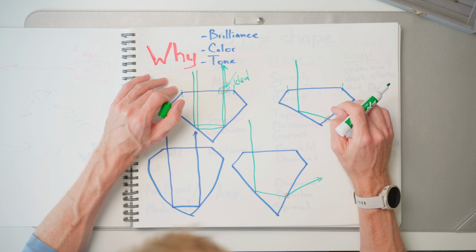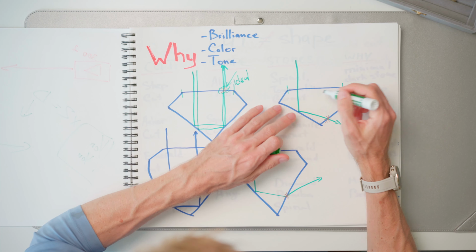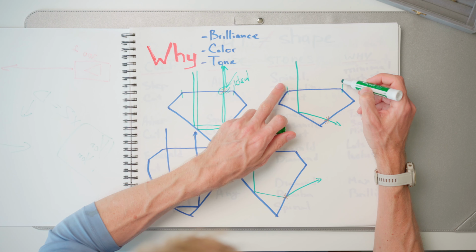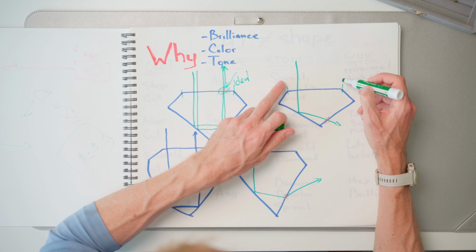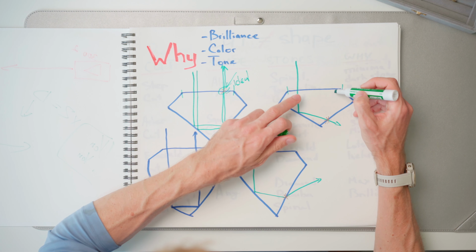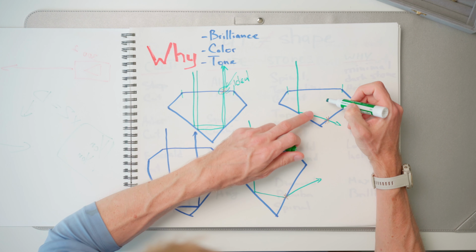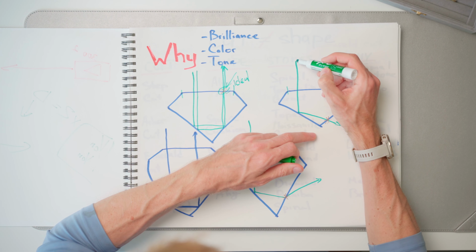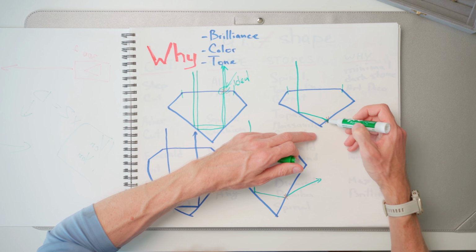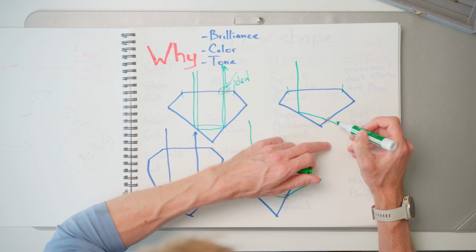And in this case, let's talk about the shallow cut, right? So let's say we have the same size of the window right over here, the top portion of the stone, but we have a much shallower cut. What is going to happen over here? The light is going to go into the stone, bounce from the wall, and exit the stone on the side.